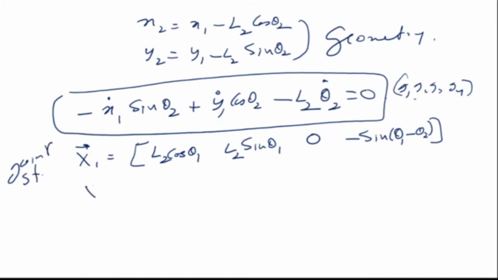Now another vector field for turning can be written as 0, 0, 1, 0. This vector field is only for turning because this is my angle theta 1 for the tractor.